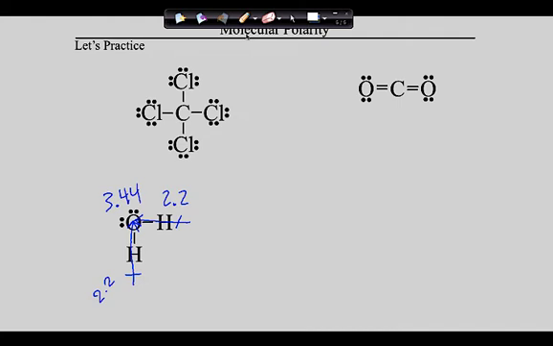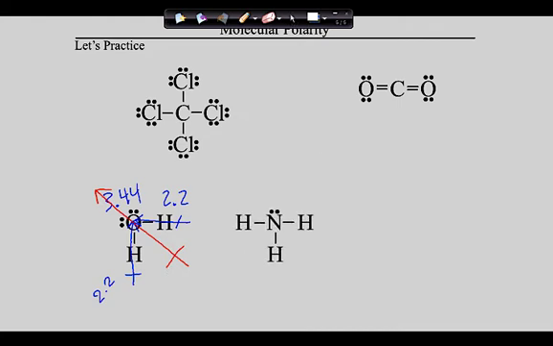So we've got an arrow moving to the left and an arrow moving up, and the sum of to the left and up is an arrow that is moving up and to the left. So the red arrow represents the overall polarity of the water molecule, and you'll notice that the arrow points towards the most electronegative element, which is the oxygen.